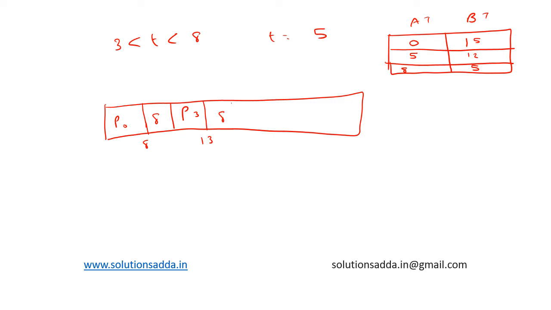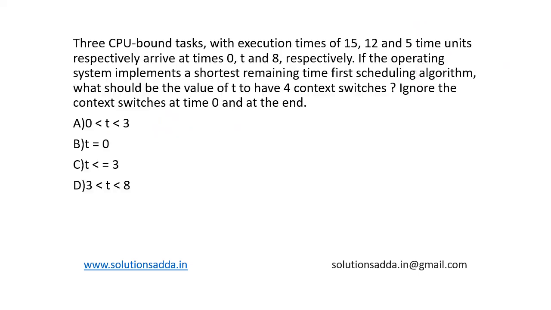Then again the process P1 would be running till the time 20. Then again another context switch happens and P0 runs to completion. So we have 3 context switches here. So going by the options, the correct answer is option A. So we have 4 context switches here.